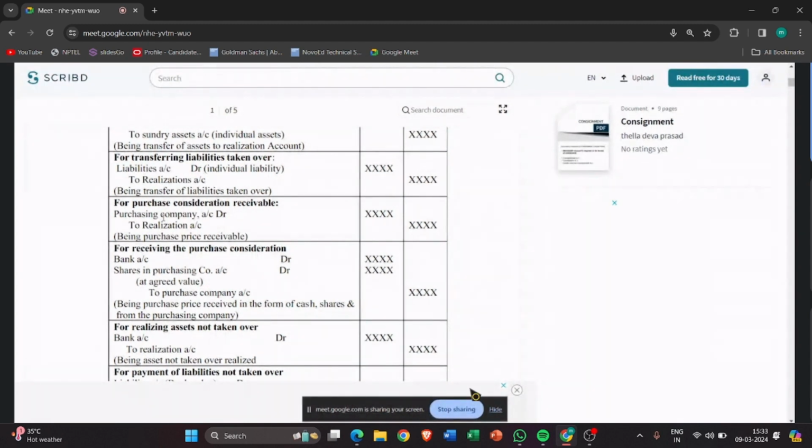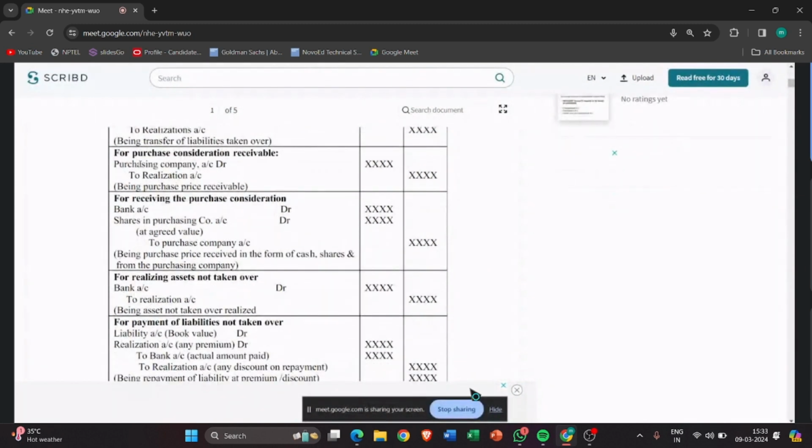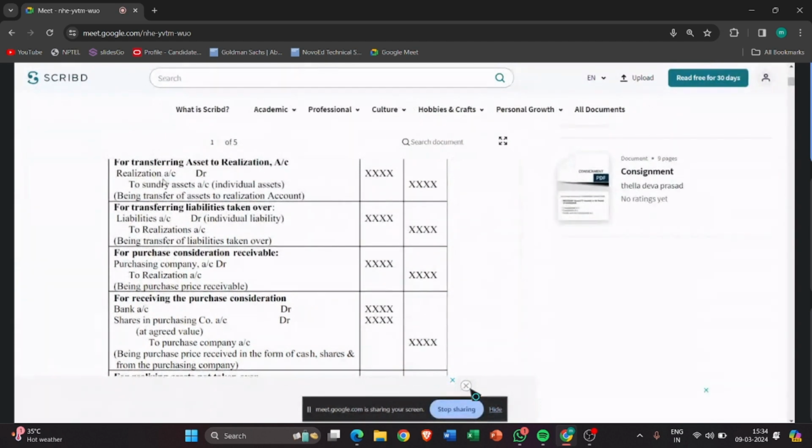Then whatever is the purchase consideration which is receivable, it is an amount which is to be paid by the new company. The purchasing company has to pay us this money. So the entry will be purchasing company account debit to realization account, because you'll have to compare it in the realization account with your assets and liabilities.